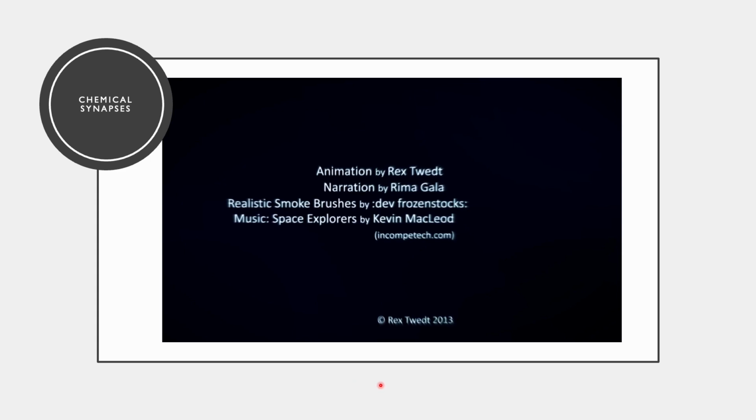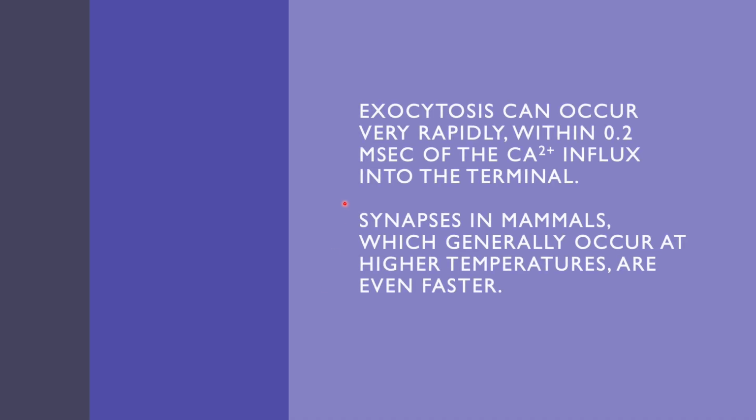And when these neurotransmitters reach the postsynaptic cell, this can induce another action potential if depolarization occurs. Exocytosis can occur very rapidly, within about 0.2 milliseconds of calcium influx at the end of the axon terminal. And synapses in mammals, which generally occur at higher temperatures, are even faster.